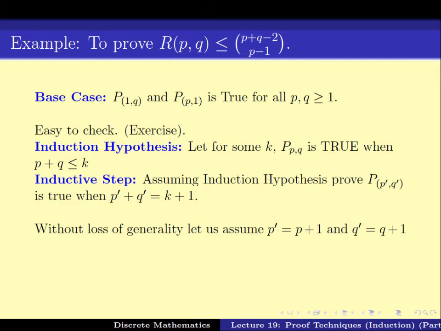So here, without loss of generality, let us assume that p prime equals p plus 1 and q prime equals q plus 1 for some p and q. Sorry, p and q are both greater than or equal to 1.